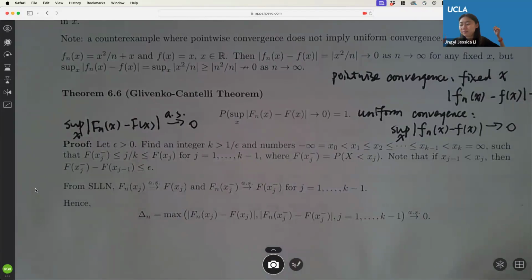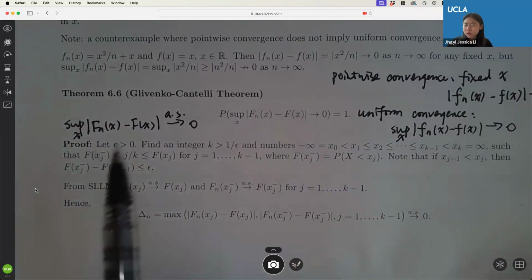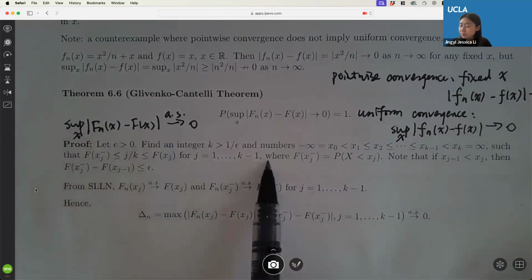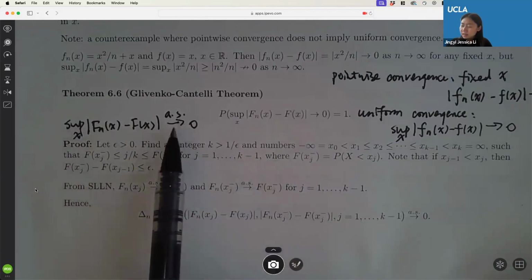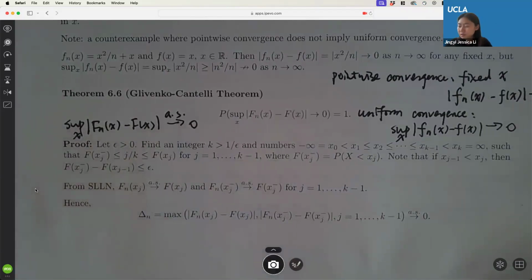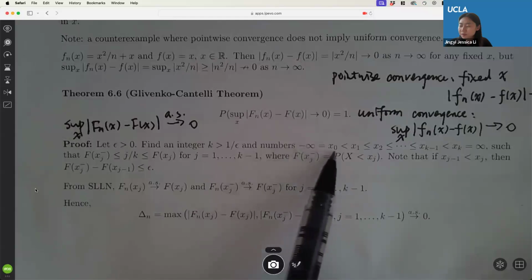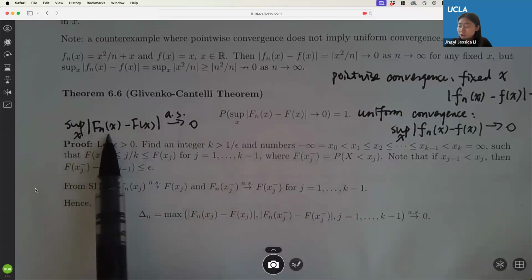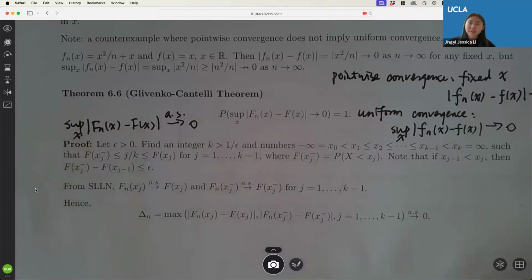But why can we get such a strong result, uniform convergence almost surely? The fact, in the proof, even though I'm not going to go into detail, lies in the fact that the CDF function is actually bounded. That's the reason. Because every CDF function ranges from 0 to 1, its range is bounded. Because of that, the uniform convergence can be obtained.